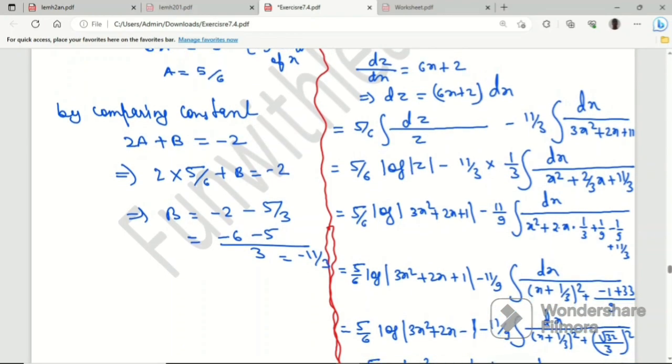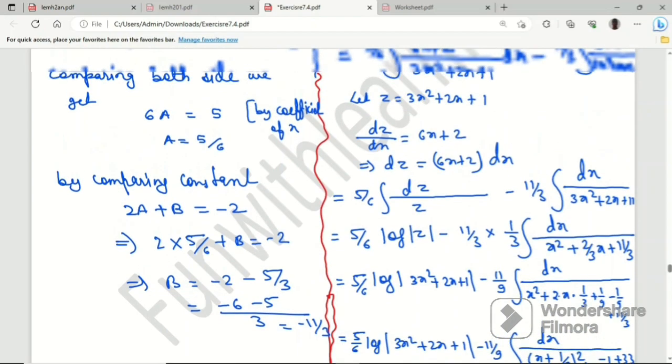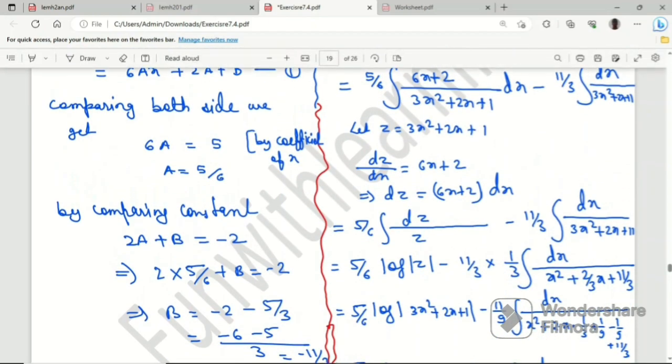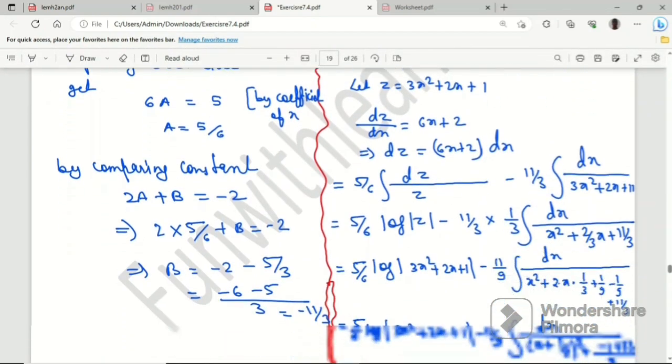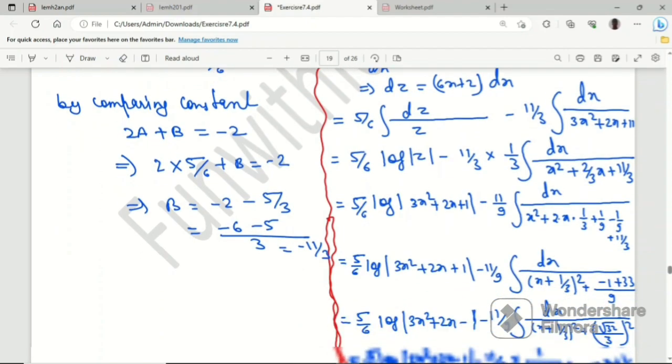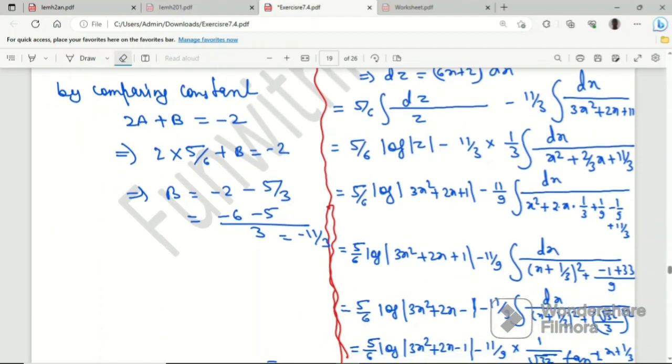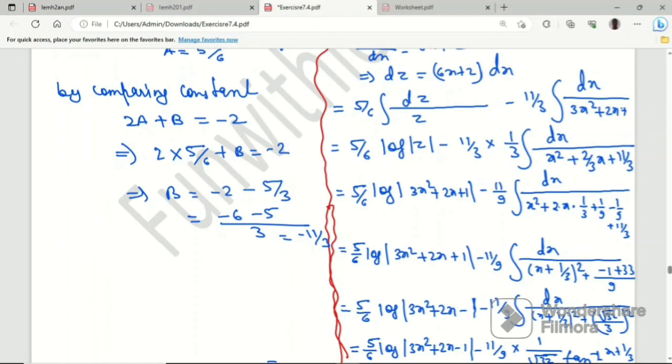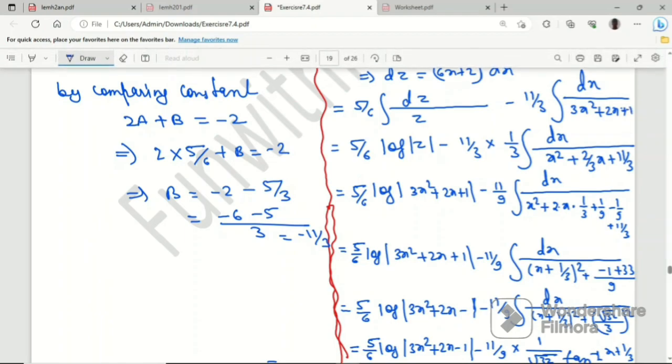3x square plus 2x plus, what was our quadratic question? Oh, 1 is there. So I've written 11. Okay, here I've made an error. So this is why this type of question you need to practice. After doing so much of thing, if you make some error, it will give you just 0 marks.